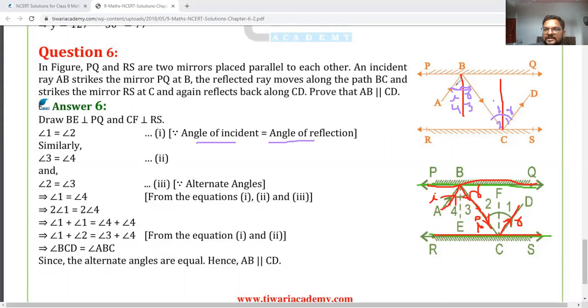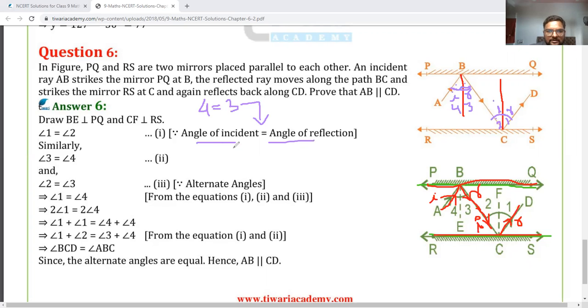Suppose this is your 30 degree, this would be your 30 degree. If this is your 60 degree, this will also be 60 degree. In that case, if I talk about the ray AB incident and BC reflected, I can say angle 4 is equal to angle 3 using the law of reflection.